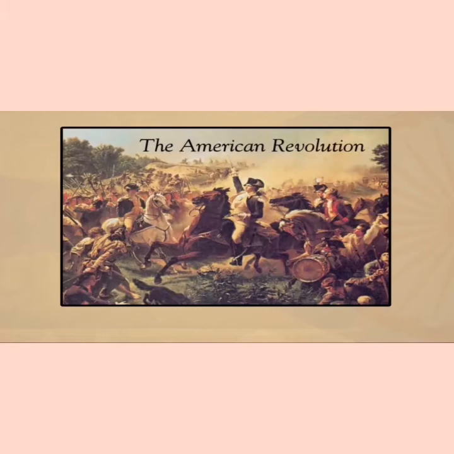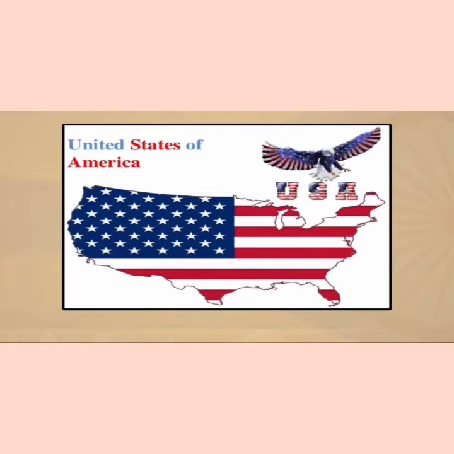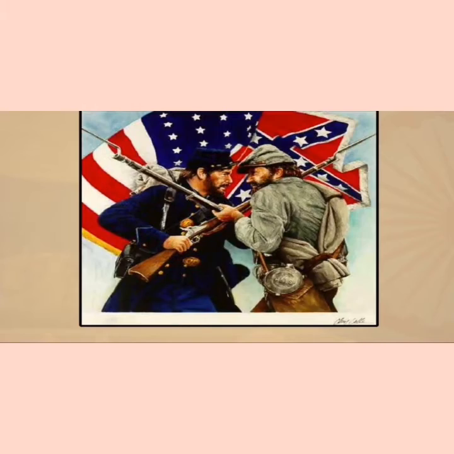Background. The American Revolution gave birth to the United States of America. It has a federal system of government. As time passed, severe differences divided the states of the USA, leading to the American Civil War, CE 1861 to 1865.